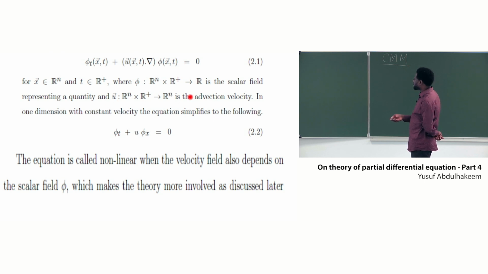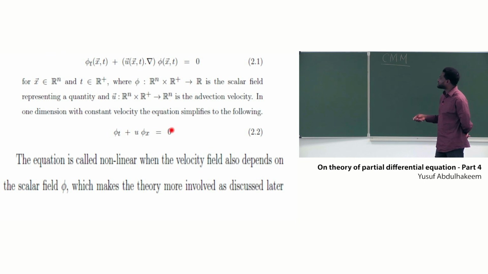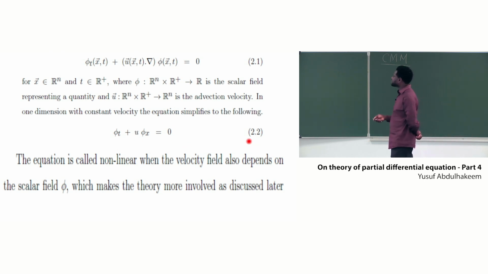And u is the velocity of the quantity to be advected. In one dimension with constant velocity, the equation simplifies to what we have here in equation 2.2.